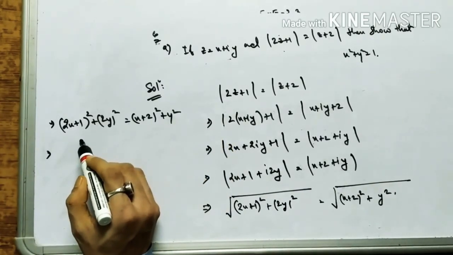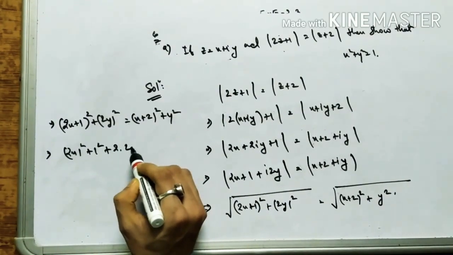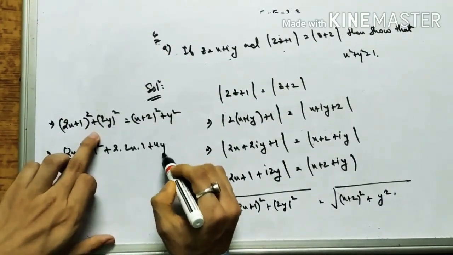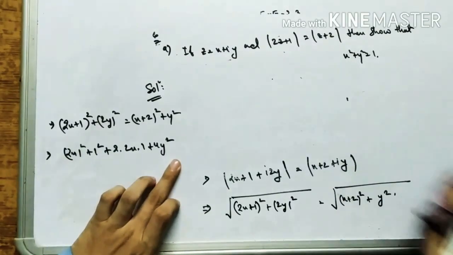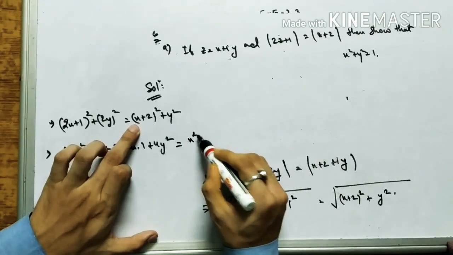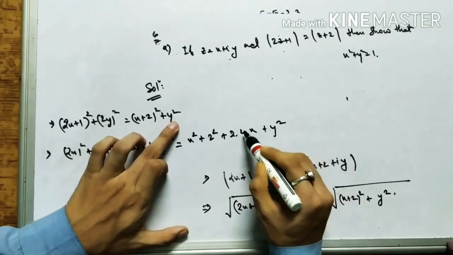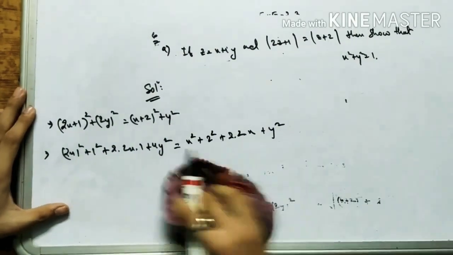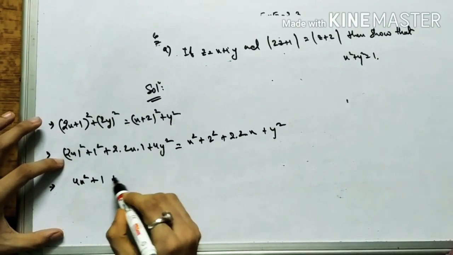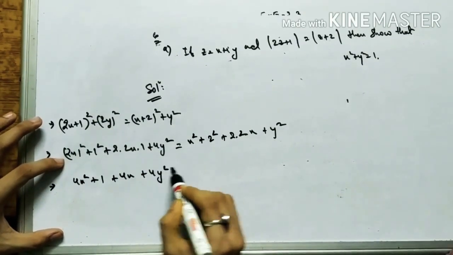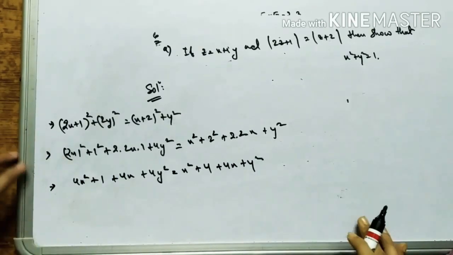Expanding using the formula, I get (2x) square plus 1 square plus 2 into 2x into 1 plus 4y square is equal to x square plus 2 square plus 2 into 2 into x plus y square. So this is 4x square plus 1 plus 4x plus 4y square equals x square plus 4 plus 4x plus y square.